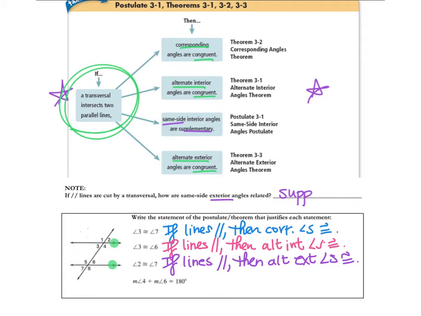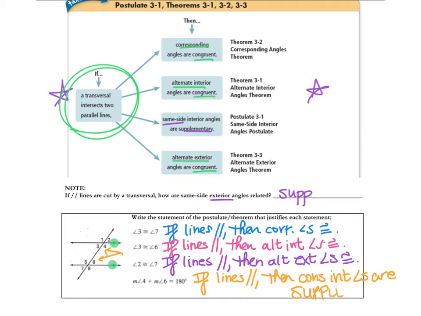And then lastly, measure 4 plus measure 6 is 180. Well, why is that true? 4 and 6 are what kind of angles? They're between the lines, so they're interior. They're on the same side of the transversal, so they're same side interior or consecutive interior. So if lines are parallel, then consecutive, or you can call them same side interior angles, are supplementary.